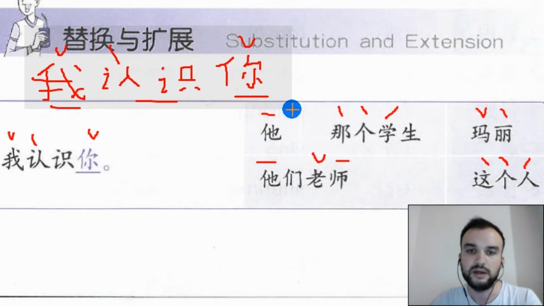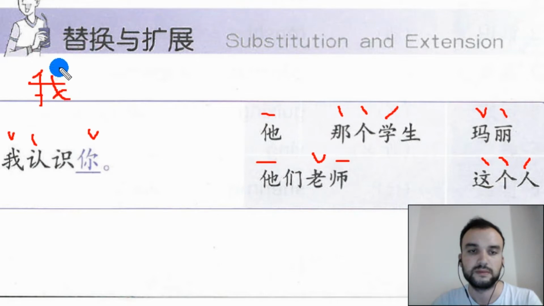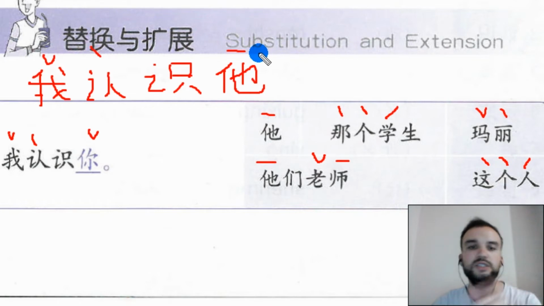First, I will clear here. Okay. 我认识他, I know him. 我认识他, like this.